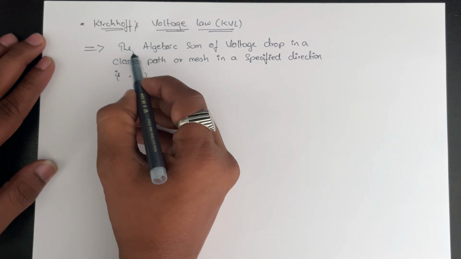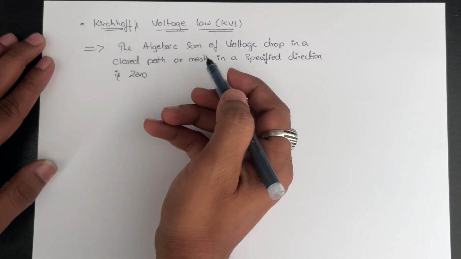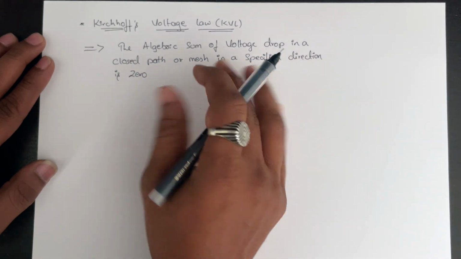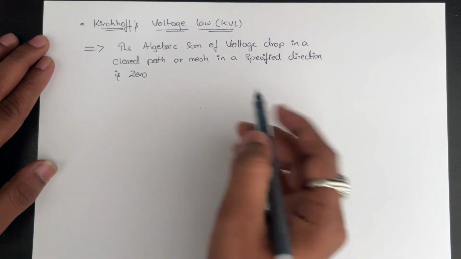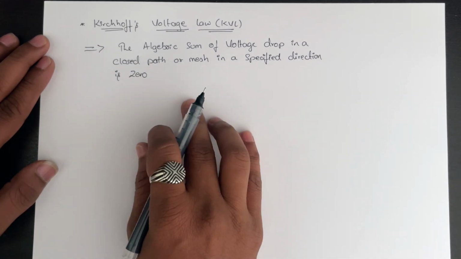Okay. It states that the algebraic sum of voltage drops in a closed path or a mesh in a given circuit is 0 in a specific direction.